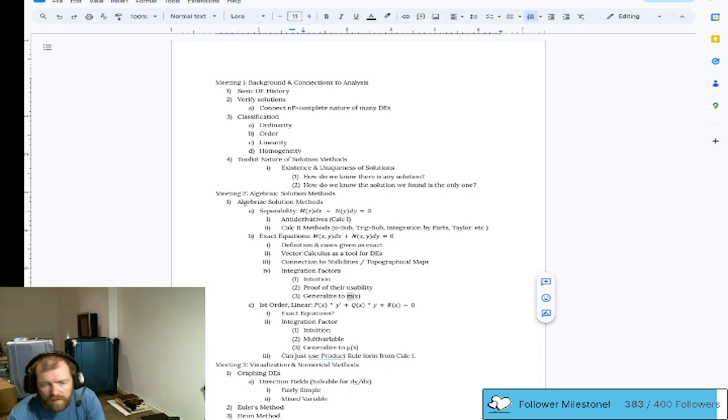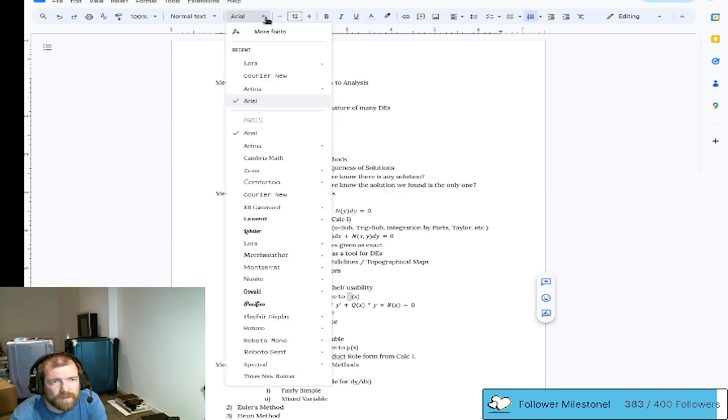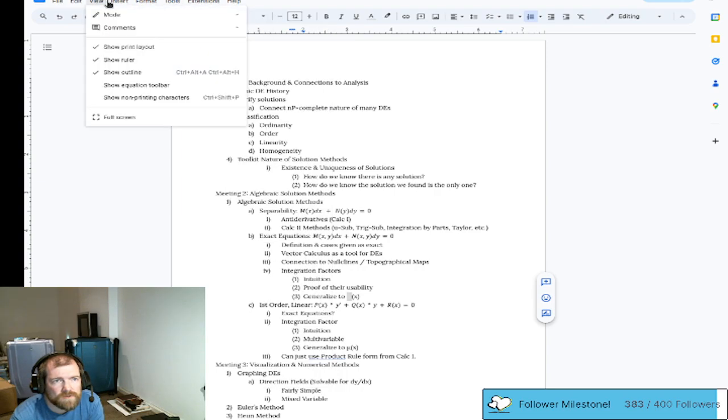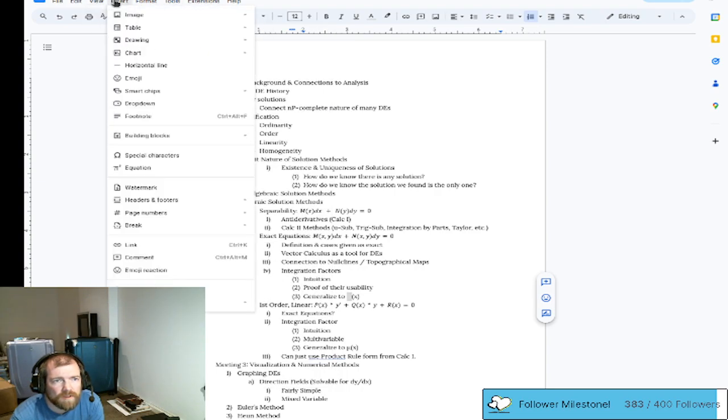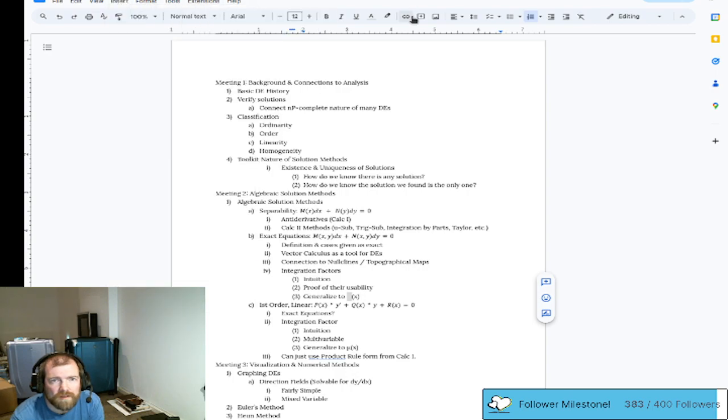Mu. Great. Perfect. Alright, so let's say, strip all formatting. Never remember what button it is. Remove all formatting. There we go.